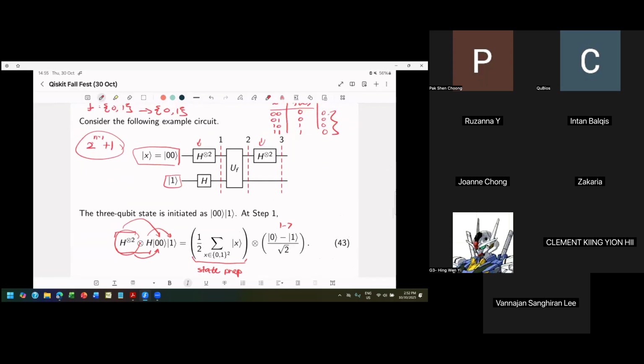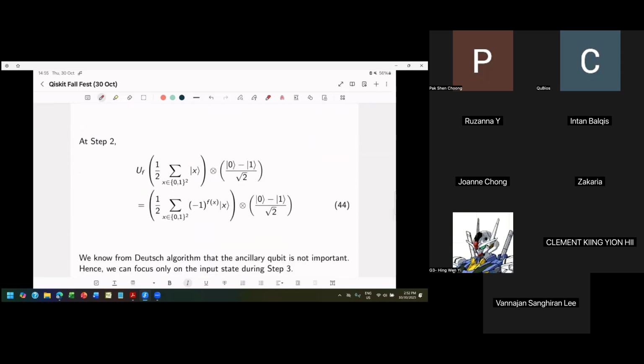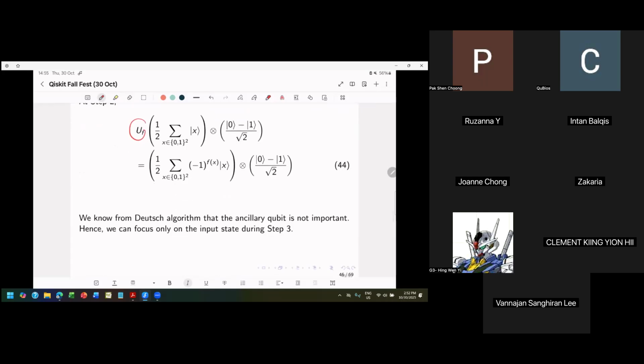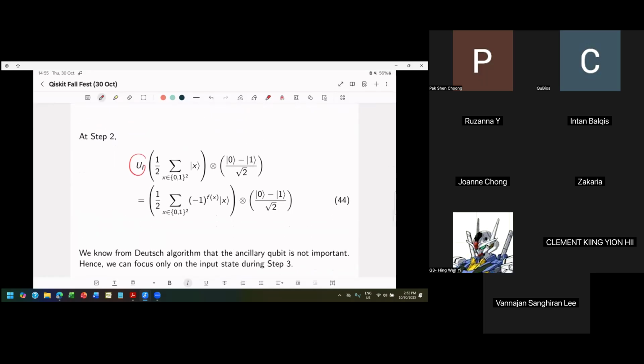So the second step, you call the oracle once. This is where things start to get a little bit complicated. First things first, what we have learned from the Deutsch algorithm is that after you do the first Hadamard gate, the ancillary state basically does not change, right?